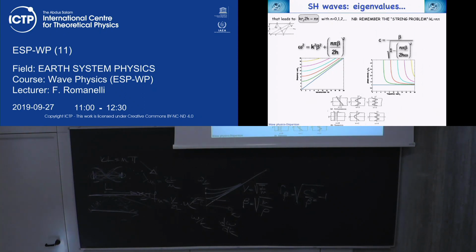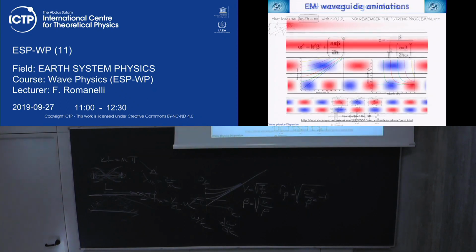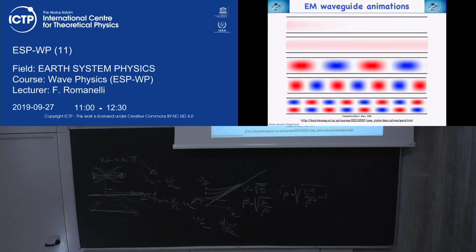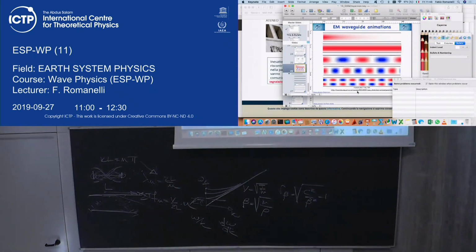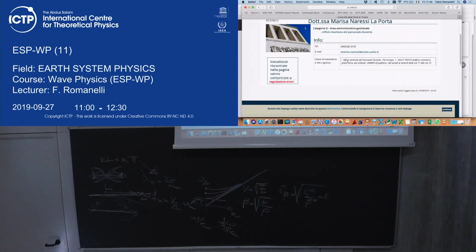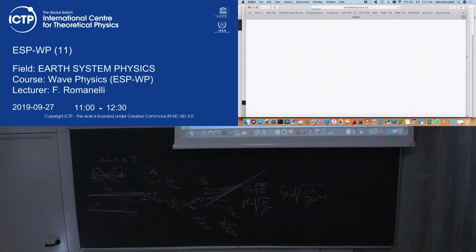So the plates that are going to be studied there are microchips. It's not the Earth. But there is something similar. I fear that the link here is no more working. Because some time ago it was not working.